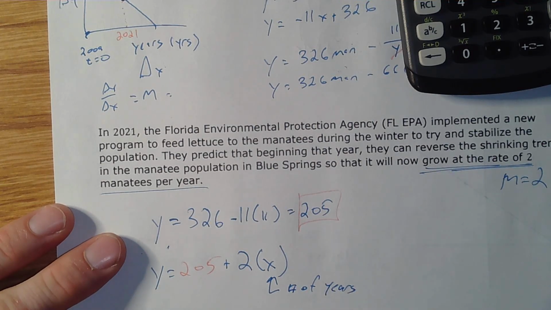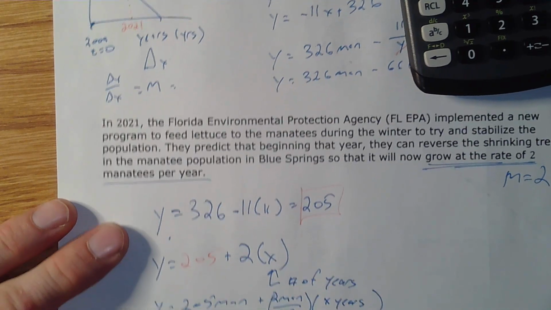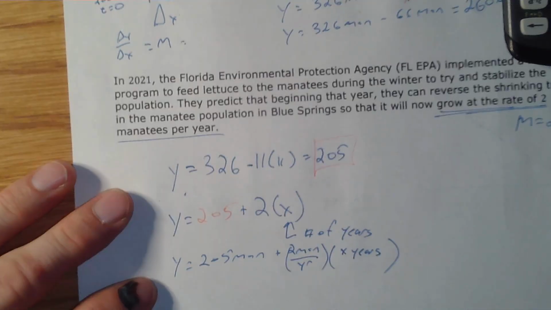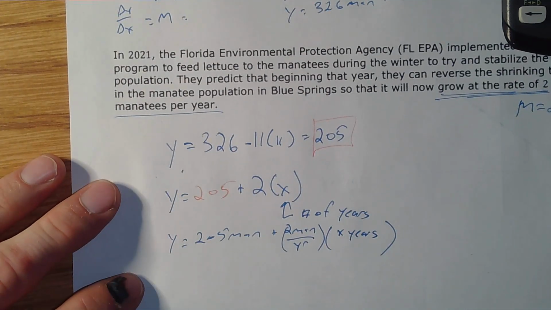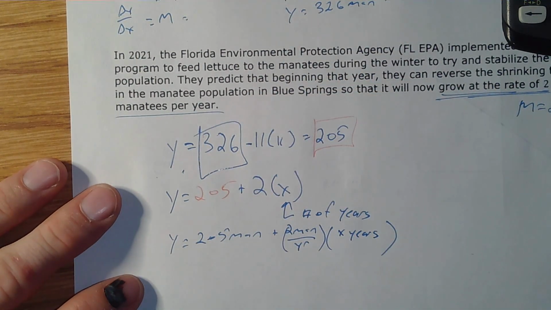Again, you can use y equals 205 manatees plus 2 manatees per year times x number of years, x years. Okay, so now it's like, okay, at this rate, what year is my population gonna rebound to 326?